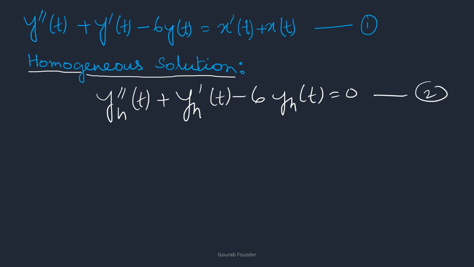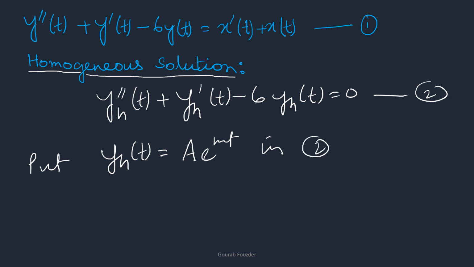Now we know the homogeneous solution for a linear constant coefficient differential equation is of the form of a complex exponential. So it can be considered as y_h(t) = A e^(mt). And now put this in equation 2.